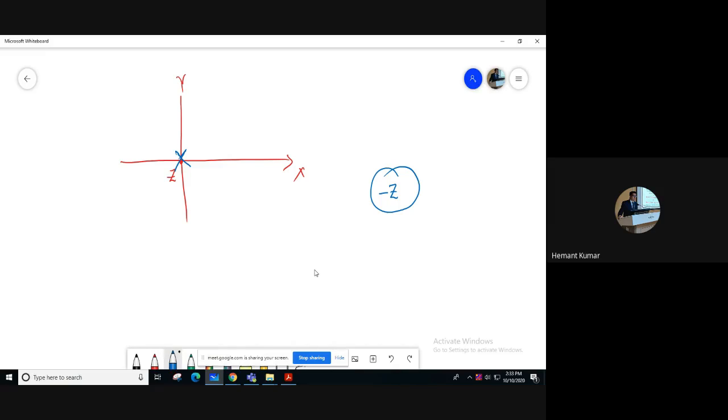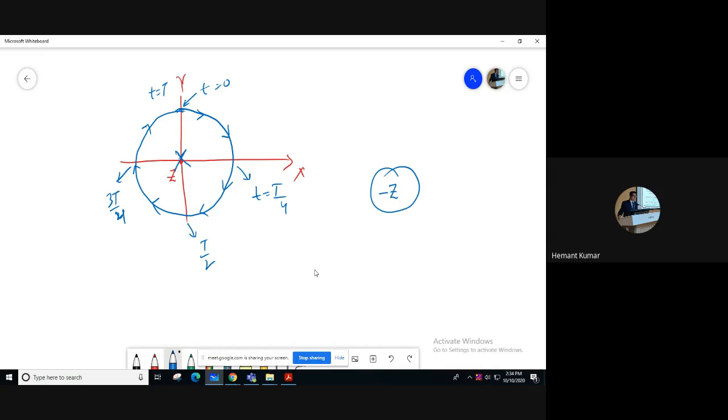And if you plot this after varying the time, suppose this is at t equal to 0, this is at t equal to T by 4, this is at T by 2, this is at 3T by 4, this is at t equal to capital T. So if you do it like this, right?